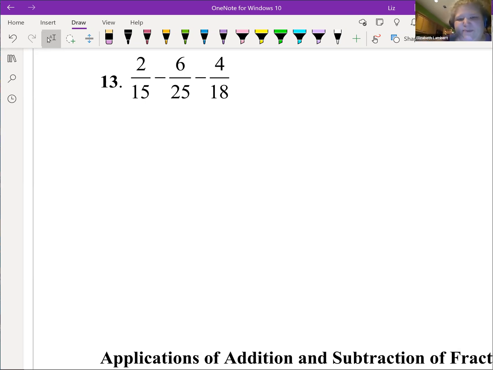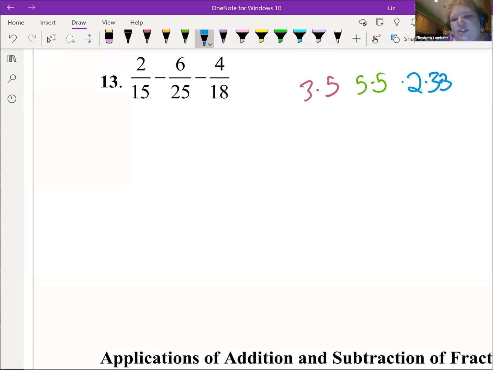I don't like this. I'm going to do the least common multiple by hand because my brain is not seeing a nice multiple straight off. So now, I got 3 times 5, 5 times 5, and 2 times 9, which is 3 times 3. All right.